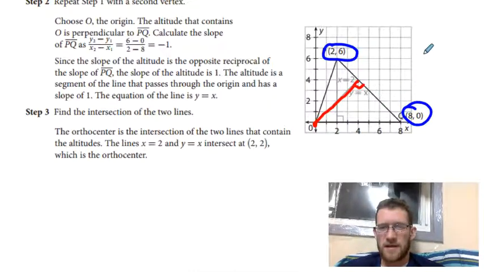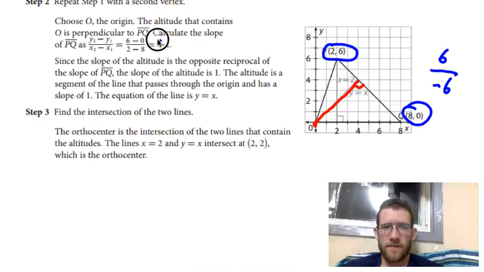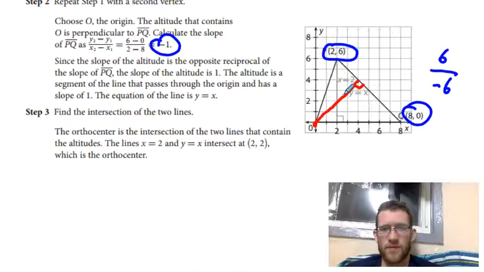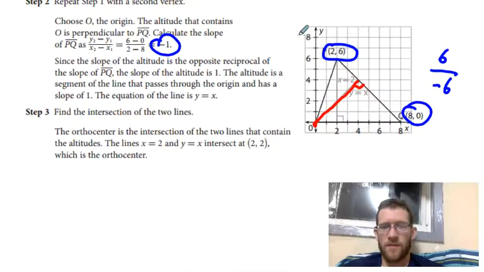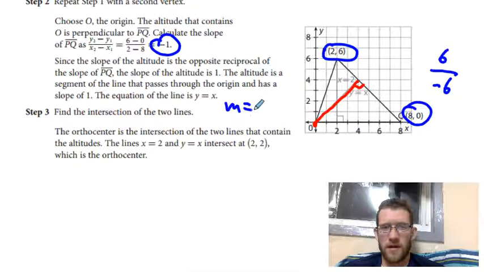The difference in y's is 6. What's the difference in x's? -6. So the slope is -1. Since the slope is -1, what is the slope of a line that's perpendicular to it? It's the opposite reciprocal. What's the opposite reciprocal of -1? It's 1. So the slope of this line is 1. M equals 1.